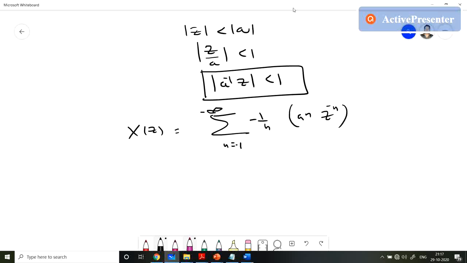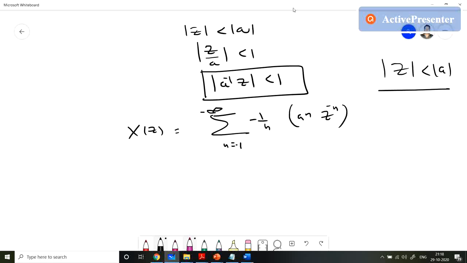Because this is a non-causal sequence, it is from minus 1 to minus infinity that some coefficients exist, and from n equals 0 to infinity it is equal to 0, because we have considered the ROC, that is ROC is modulus z is less than modulus a.